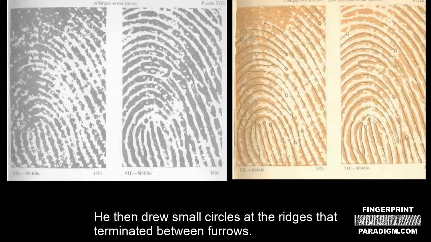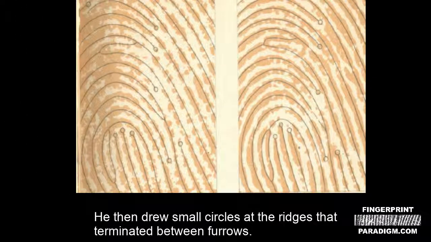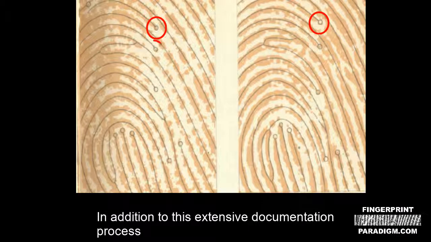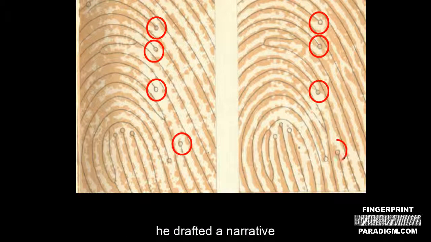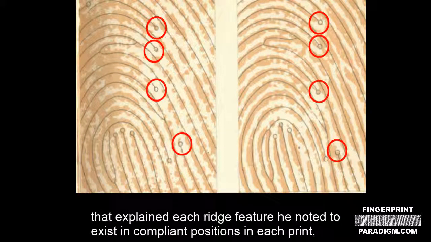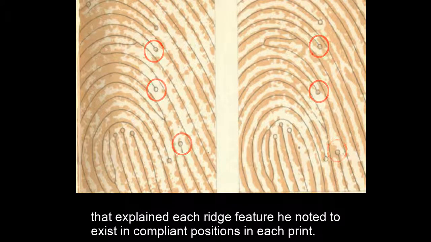He then drew small circles at the ridges that terminated between the furrows. In addition to this extensive documentation process, he drafted a narrative that explained each ridge feature he noted to exist in compliant positions in each print.